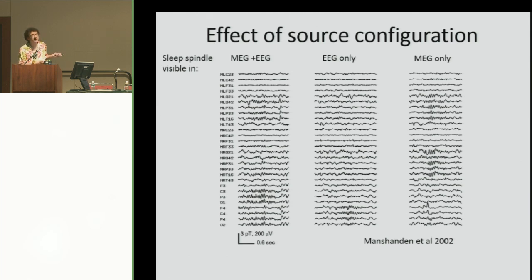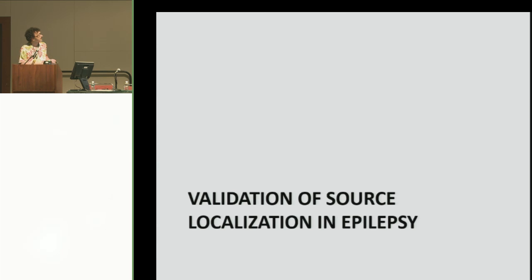So this is, I think, a very nice example that the two methods are complementary, and some activity will be well seen by one method and the other by another one. And this probably really depends on the configuration of the source. As I was saying, radial sources are not well seen in MEG, whereas on the contrary, EEG sees radial sources very well.